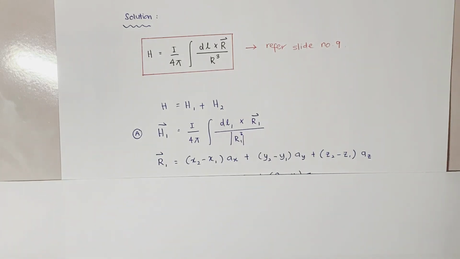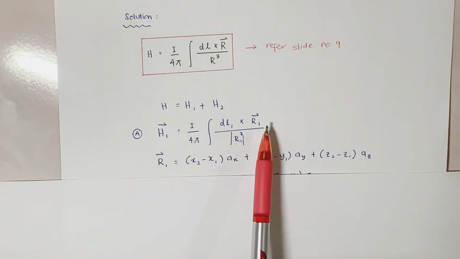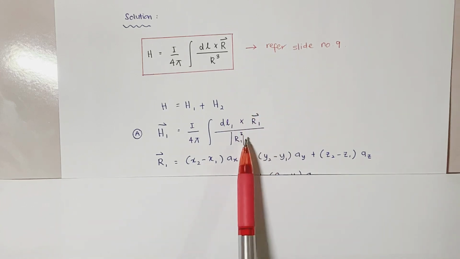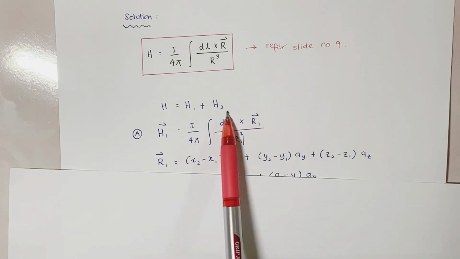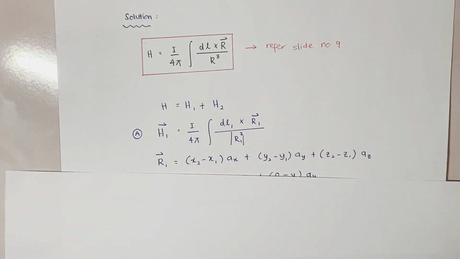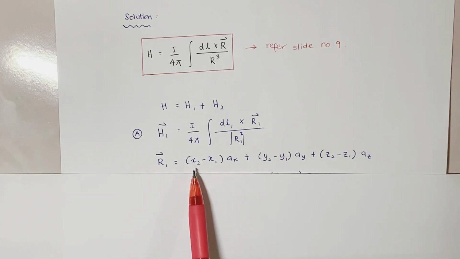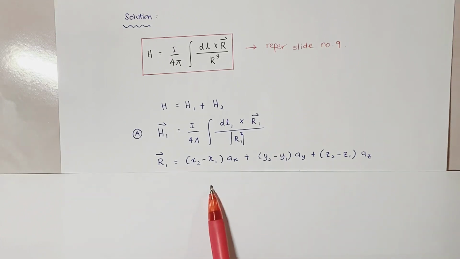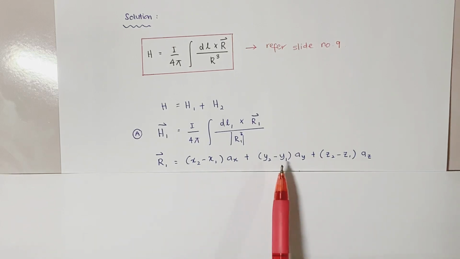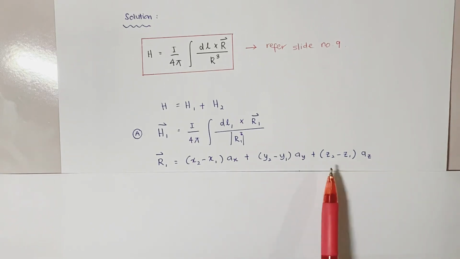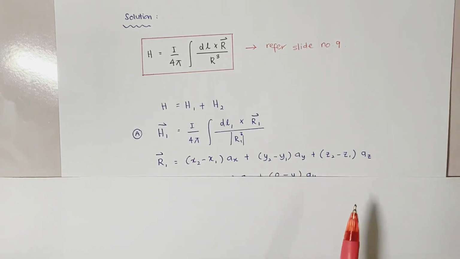So we need to find vector r1, the magnitude of r1, and all of this. This is the general equation: r1 equals x2 minus x1 ax plus y2 minus y1 ay plus z2 minus z1 az.